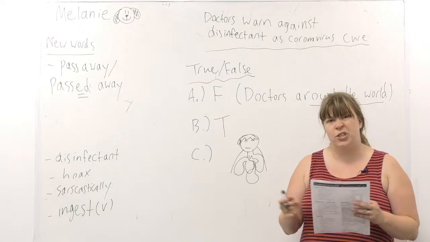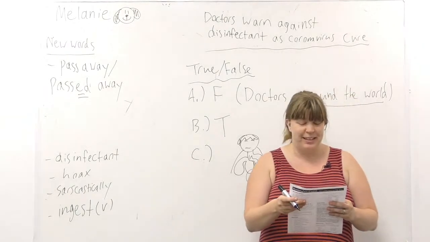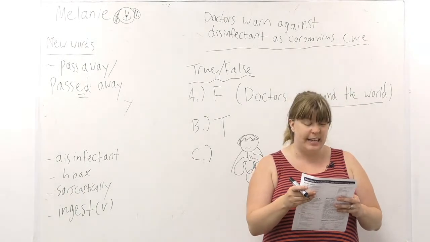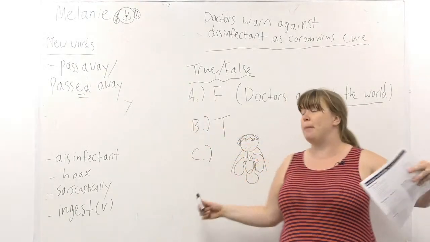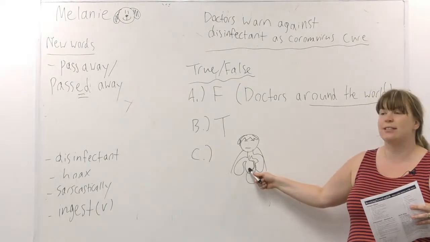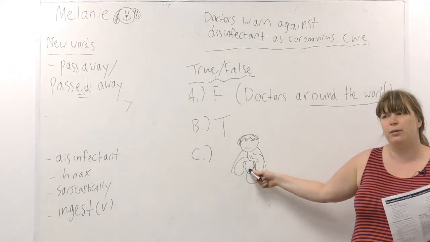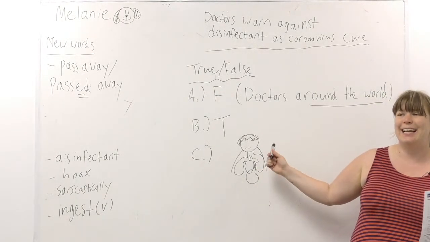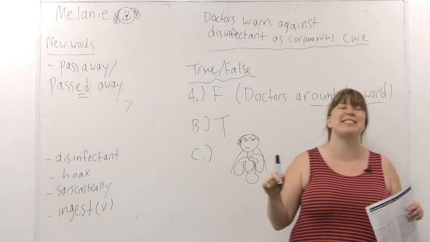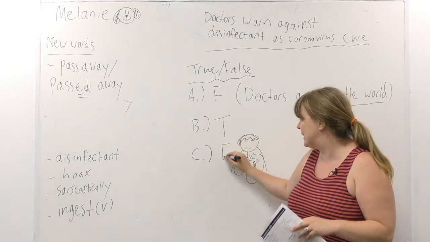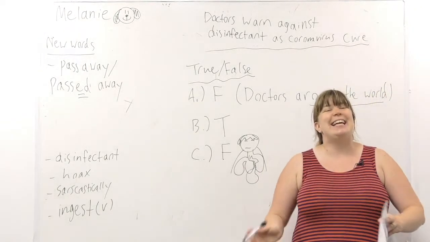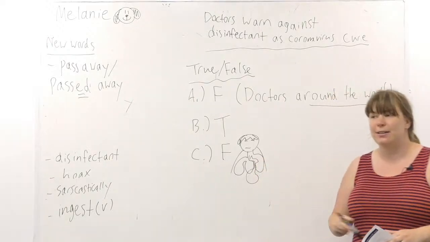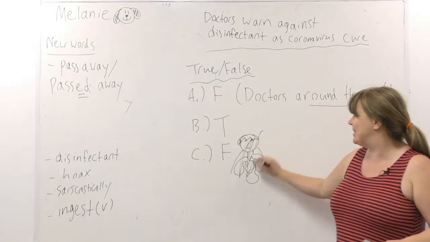Or he's just really dumb. I don't know. Okay, and C. President Trump says he has a tremendous amount of lungs. True or false? Okay, yes, it's false. Thank you. So he didn't say this.